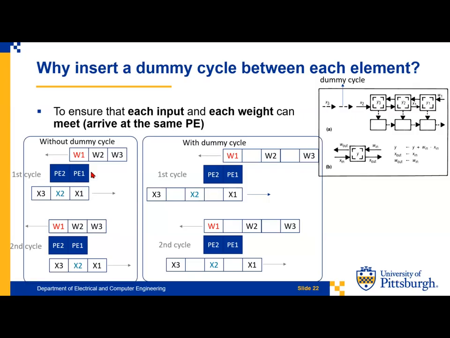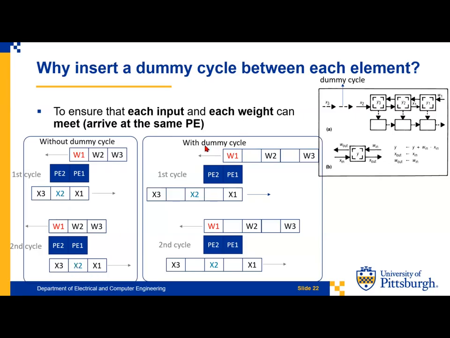And we don't have a dummy cycle. So at the second cycle, the weight will shift one element, and the input also shifts one element from the left-hand side to the right-hand side. So W1 could not meet X2 to do the multiplication.